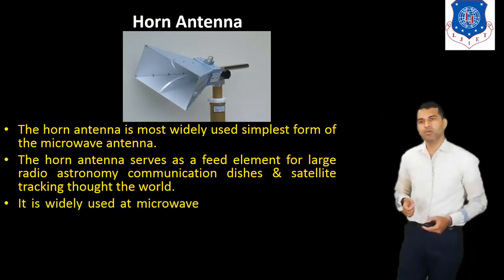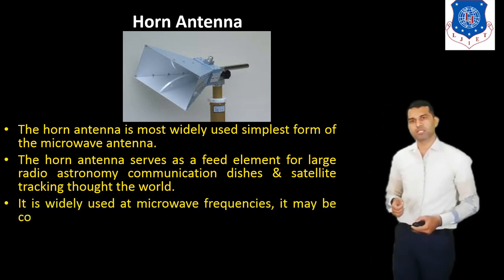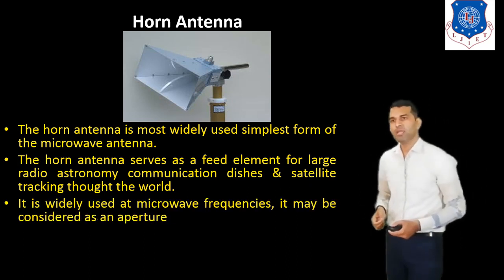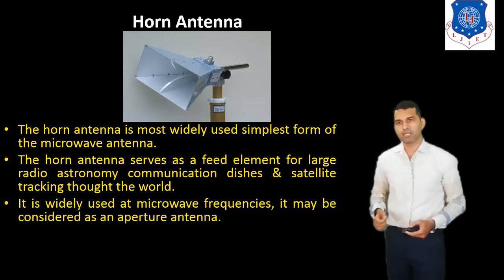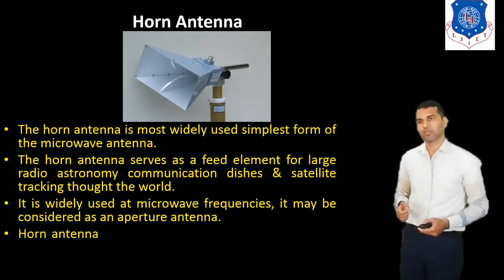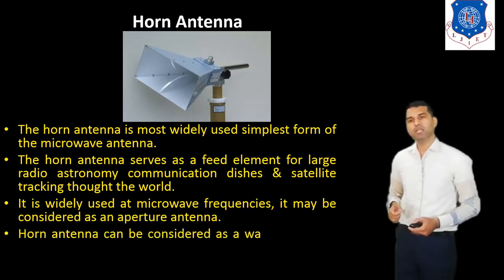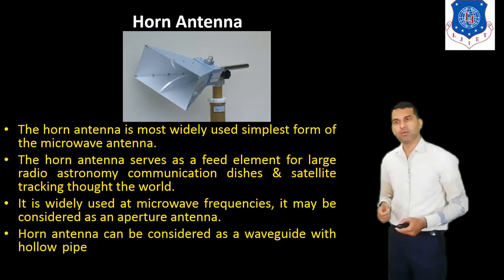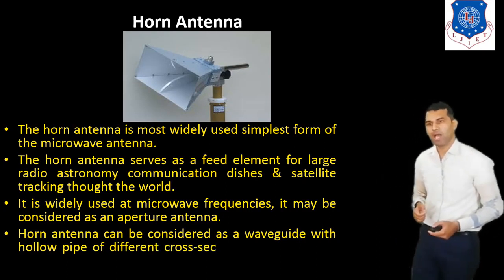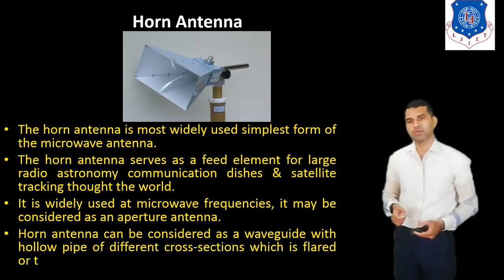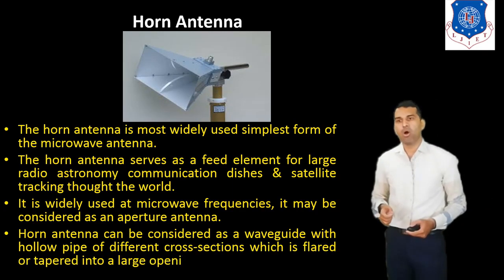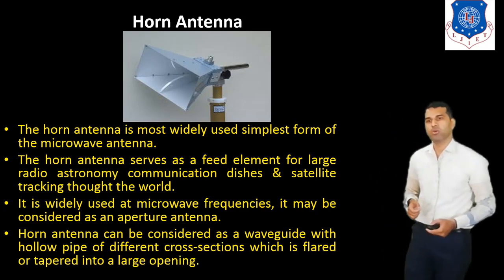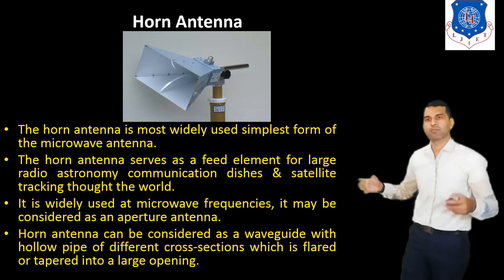It is widely used at microwave frequencies. It may be considered as an aperture antenna. A horn antenna can be considered as a waveguide with a hollow pipe of different cross sections, which is flat or tapered into a large opening.